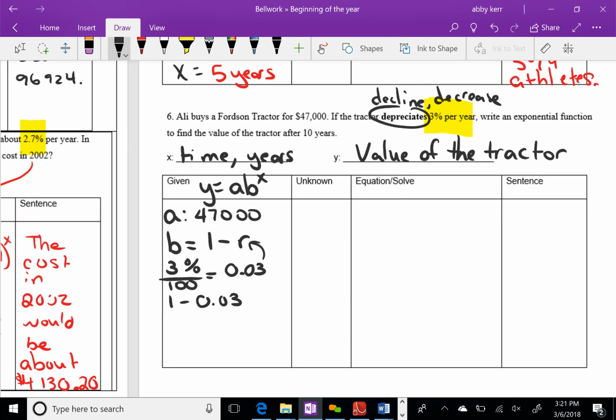So 1 minus 0.03 is 0.97. And then our X value, they tell us after 10 years. So we lucked out. It's less work for us. So we have our A value, we have our B value, we have our X value.